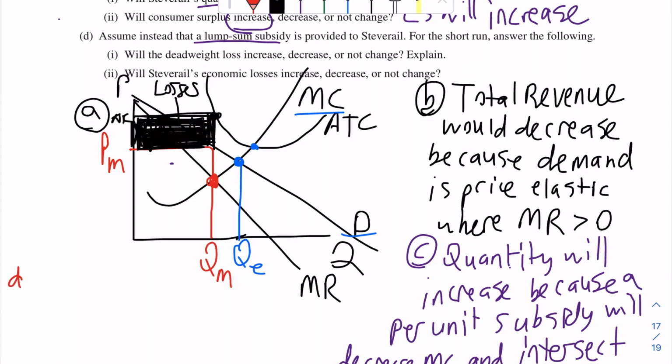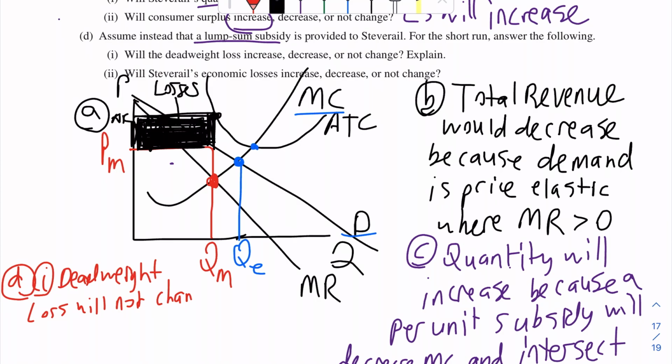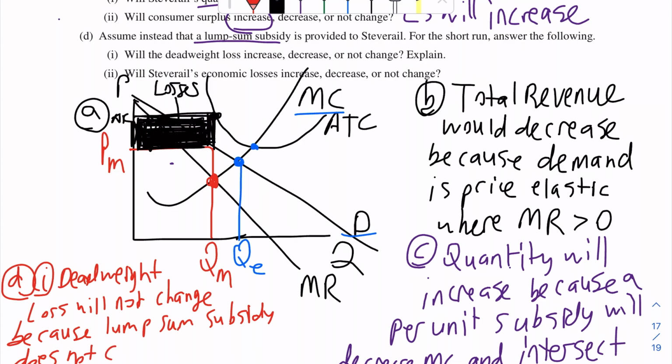So therefore, on D, part I, you would say deadweight loss will not change because lump sum subsidy does not change profit max quantity.